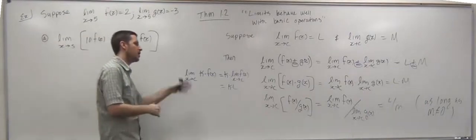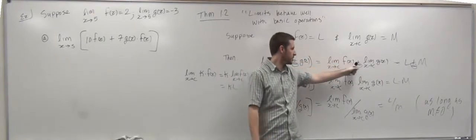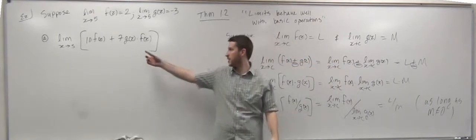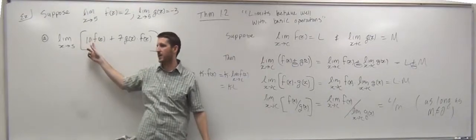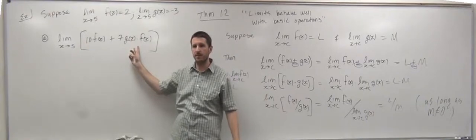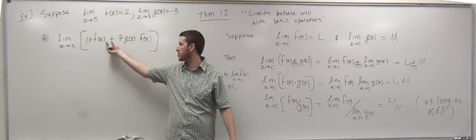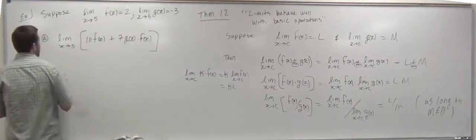So basically what all of these rules are saying is that if you have one of your 4 basic operations, you can just push the limit inside. You can push the limit past the 10. You can push the limit over to the g and over to the f. Because there's a plus, you can do it between the plus, and then there's times, so you can do it between the times.